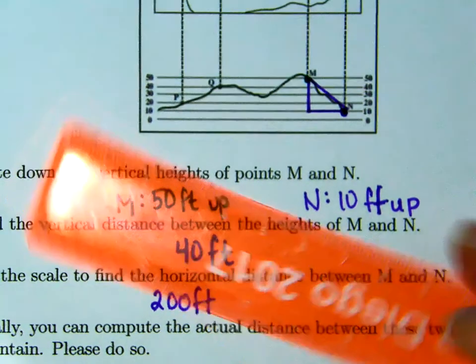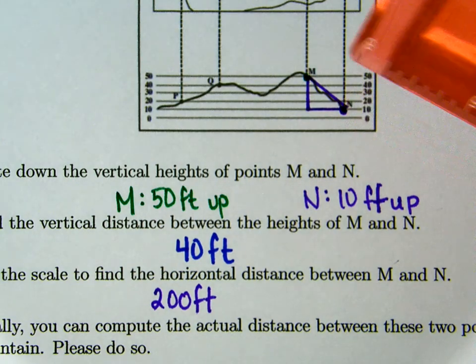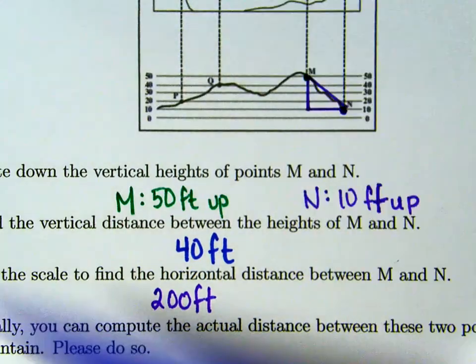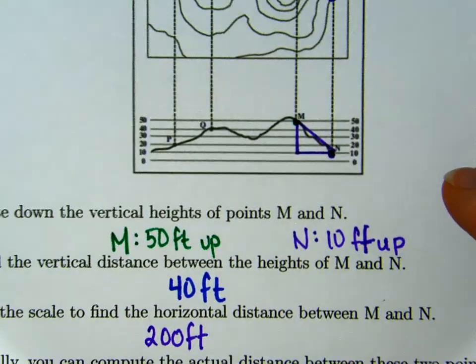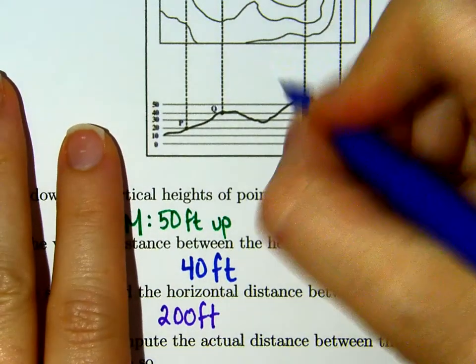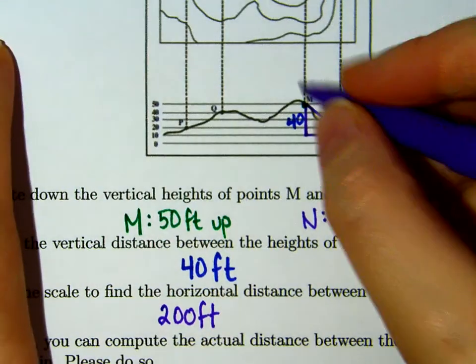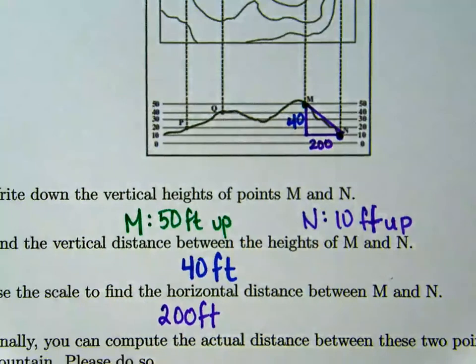Essentially, we're using this right triangle to estimate this distance. And we just said that the vertical height of this is 40, and the horizontal distance is 200.